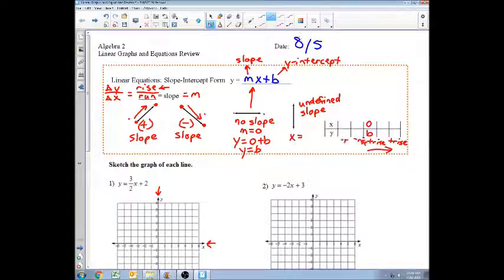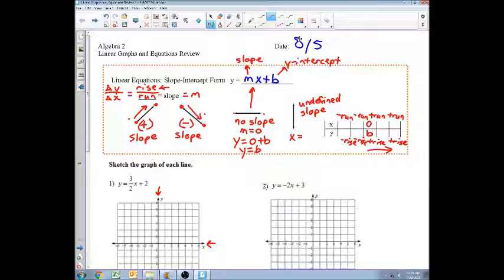So I'm adding my numerator going to the right, subtracting my numerator going to the left. For my x values, those are actually my runs, my left to right movement. So I would add my run, or my denominator, going right, and subtract my run going left. So that quickly talks about how you could make a table if you wanted to.